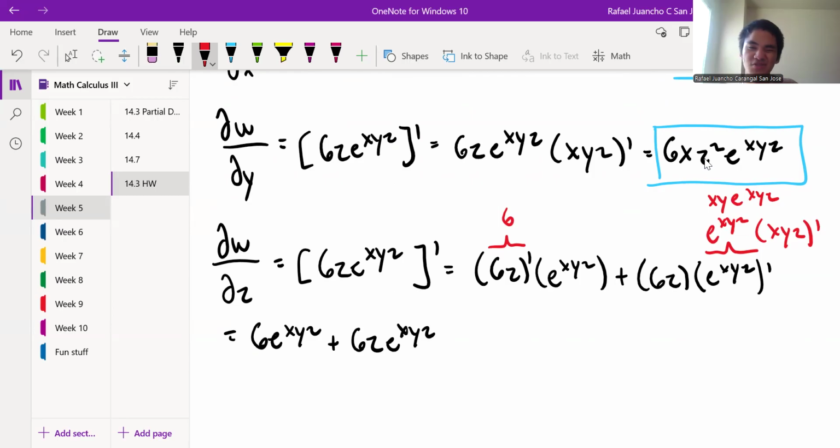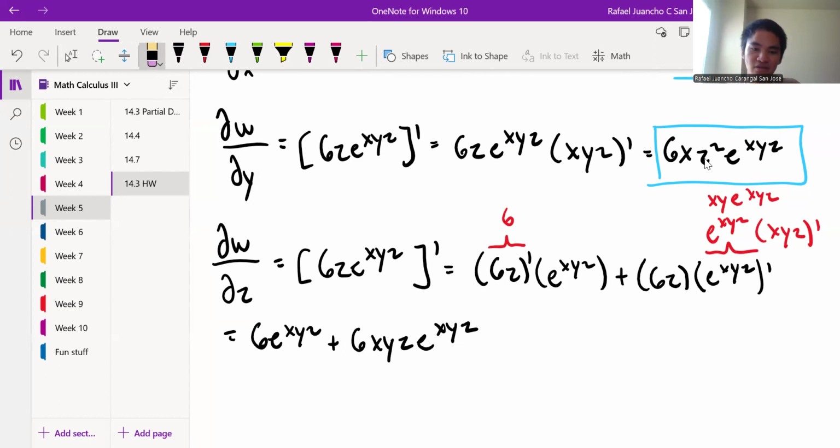And here my z is just 1 because I take the derivative of that, right? And so what happens here, 6z, maybe I could put in my xy. There we go. And we're done.